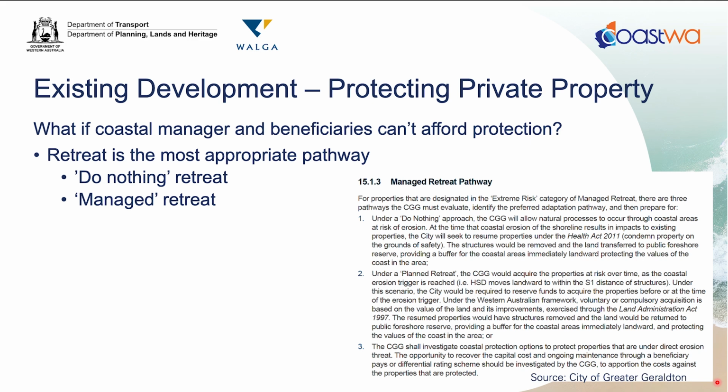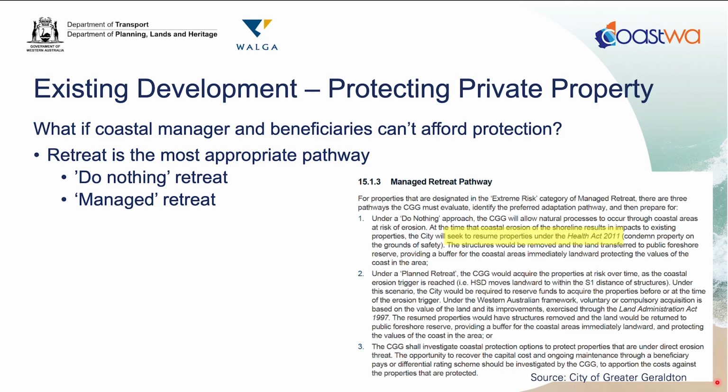And the City of Greater Geraldton had a look into a variety of different mechanisms. So they discussed alternatives. Under a do-nothing approach, they were saying that over time, what if they resume properties under the Health Act, so condemning them on the grounds of public safety? They recognised that this would be potentially bad for their reputation.